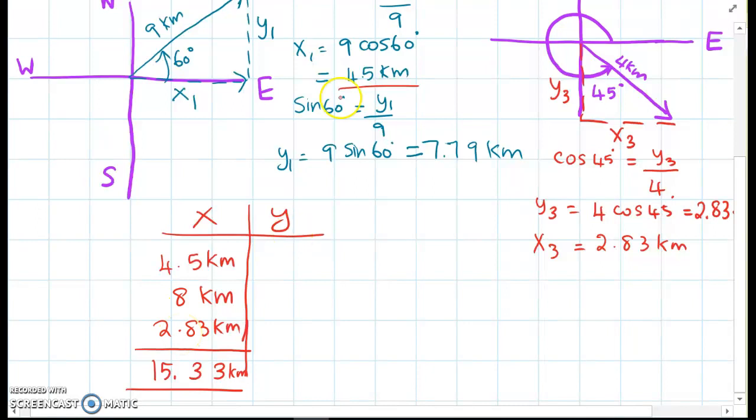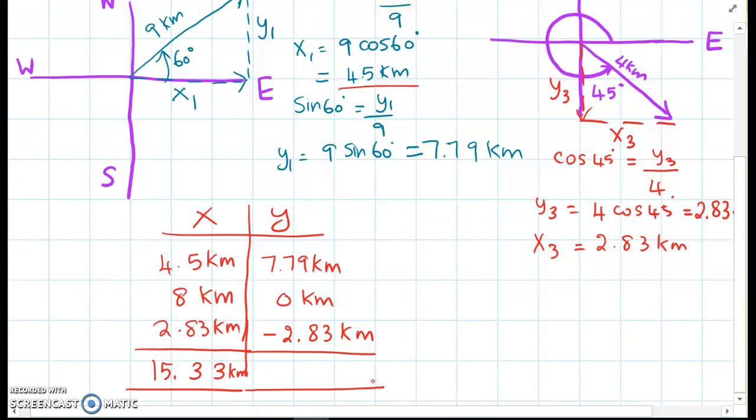In the y direction, we have y1 to be 7.79 kilometers, y2 is 0, and y3 happens to be downward, so we have to give this a negative sign, so negative 2.83 kilometers. Therefore, if you subtract these two, you will get 4.96 kilometers.